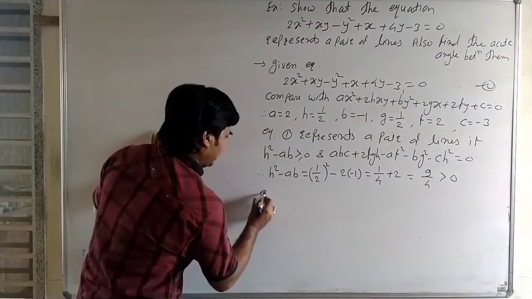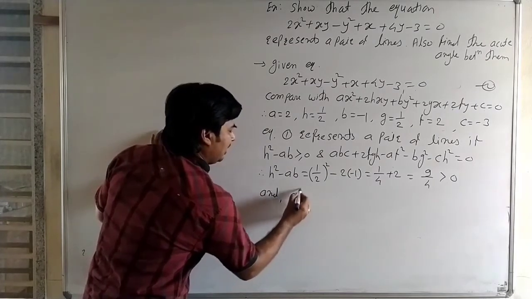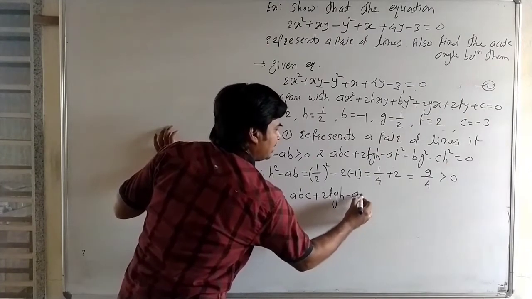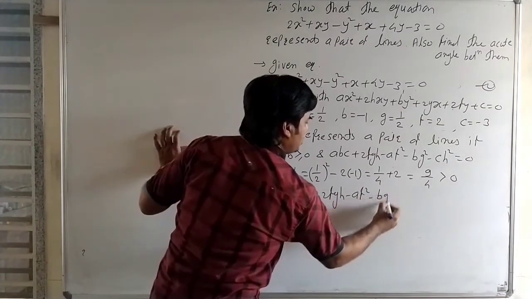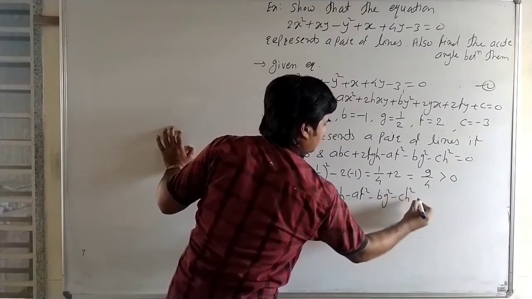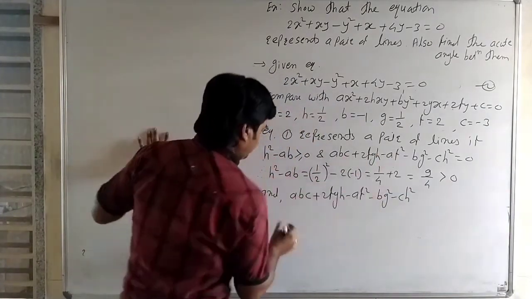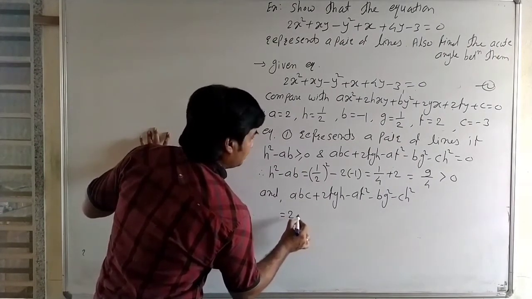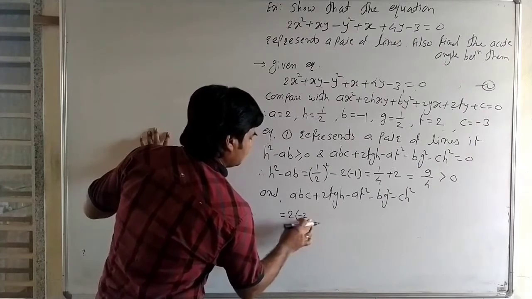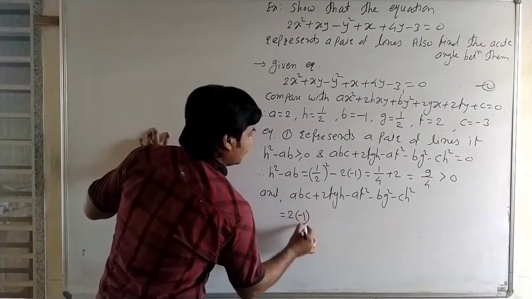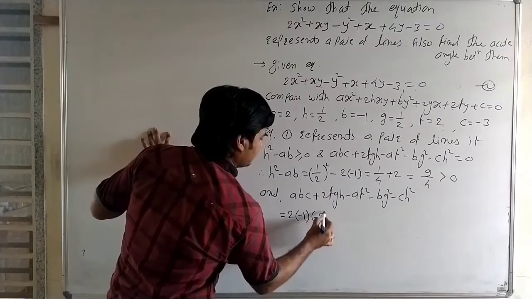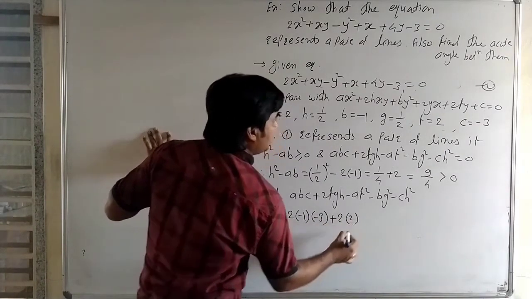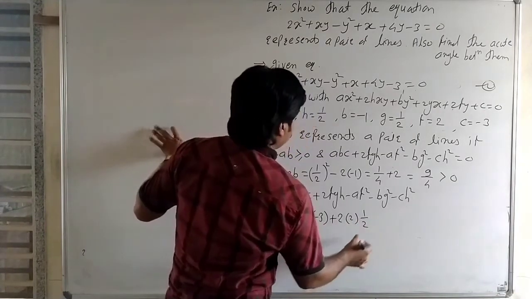First condition satisfied, and the second condition is ABC plus 2FGH minus AF square minus BG square minus CH square, okay, is equal to 0. Okay, then we find the value. ABC, 2 into B, it is minus 1, in C, it is minus 3. ABC plus 2F, it is 2, G, it is 1 by 2, and H, again it is 1 by 2.